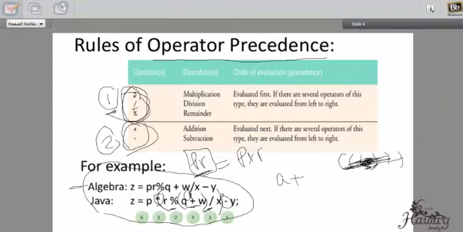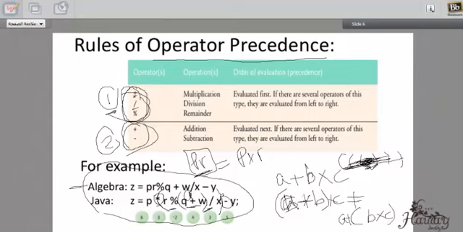If we have this equation, a plus b times c, it does not equal a plus b, then times c.